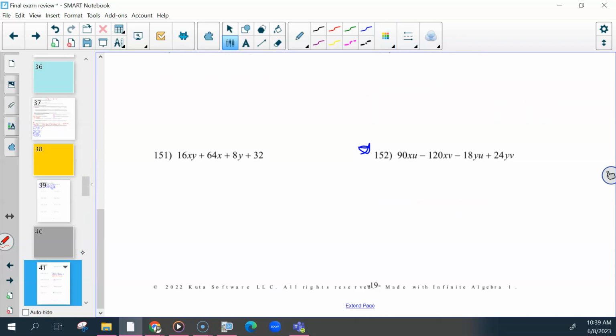This one, we're going to look and see if they each have a GCF because some of these numbers are big. I know for 18, we can divide it by 2, by 3, by 6, by 9. I'm going to see if any of those work for all of them. Not 9.